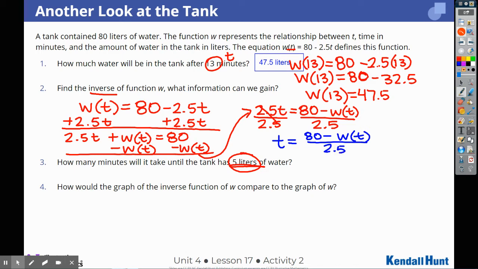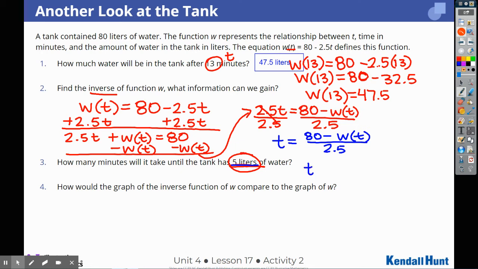And so that gives us our inverse function that we can use to find out how many minutes it will take to get 5 liters of water. And so we can plug 5 liters in for W of t, because that is the variable of this function that tells us how much water is left in the tank.